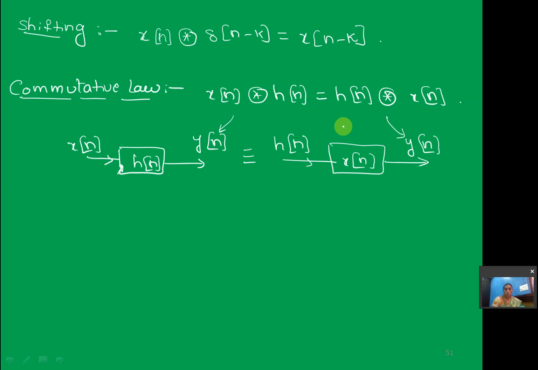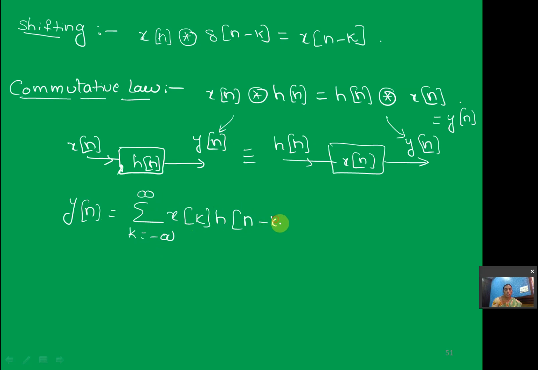You can prove this by using the summation formulas, but it is not necessary here. Just understand what the commutative law is: you can interchange these two signals and get the same result. From this, y(n) is the summation over k from minus infinity to infinity of x(k)h(n−k), from the first formula.